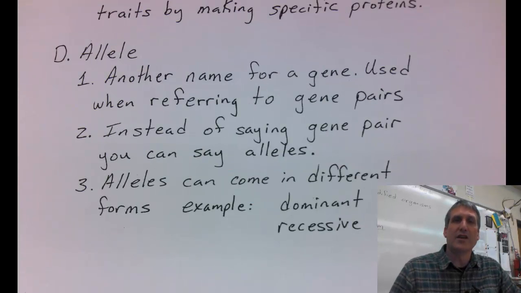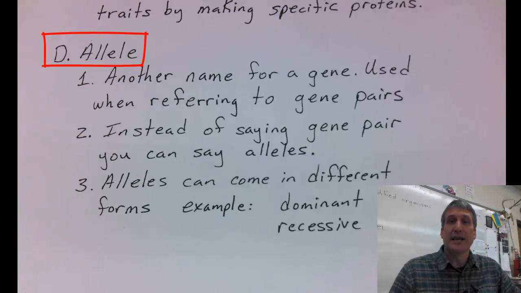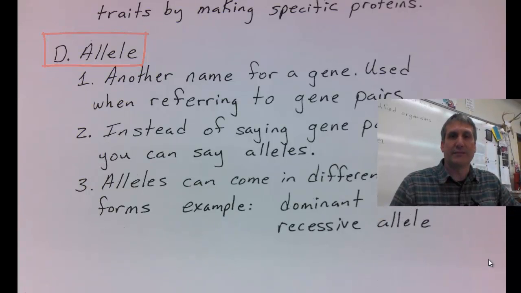You also need to know what an allele is. An allele is basically another name for a gene. It's used when referring to gene pairs or when referring to different forms of a gene. Instead of saying gene pair, you can say alleles. Alleles are often used interchangeably, so just keep it in your mind that whenever you hear the term allele, they're basically talking about a gene.